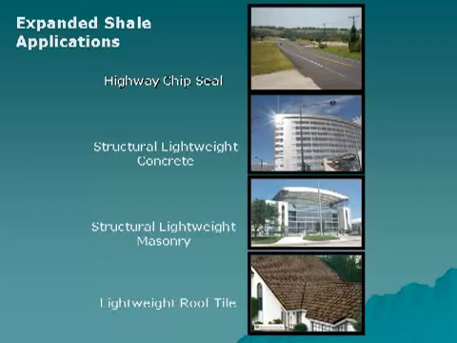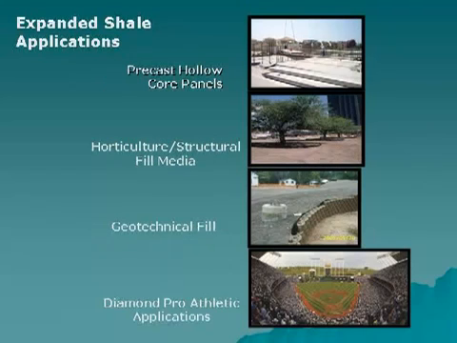Here we see applications such as highway chip seal surface maintenance, requiring a surface that is resistant to wear. Other uses include use in lightweight roof tile. Applications also include horticulture and structural fill applications, as well as sport field technology, all requiring high resistance to wear and degradation.